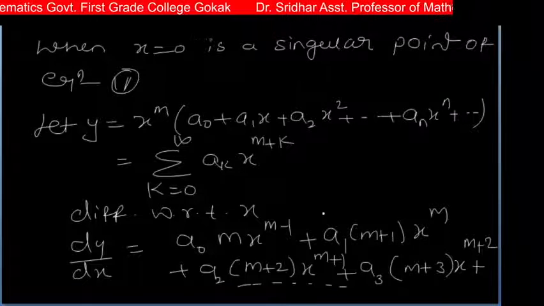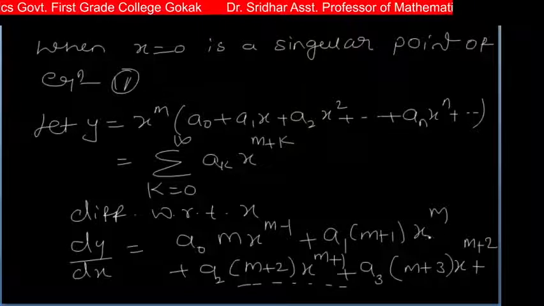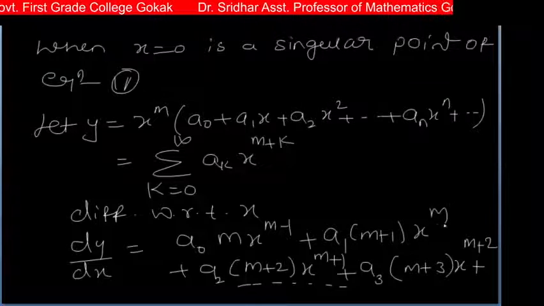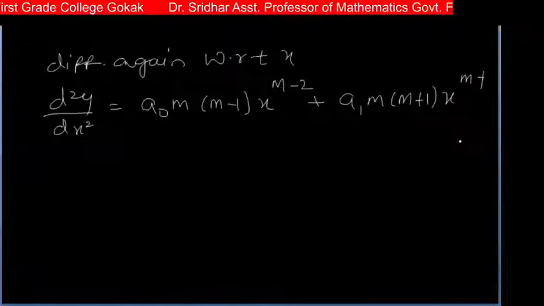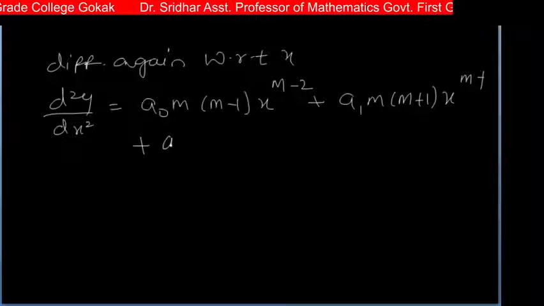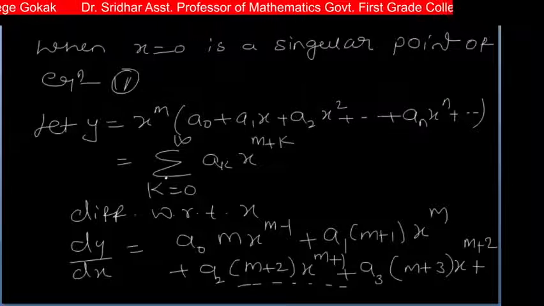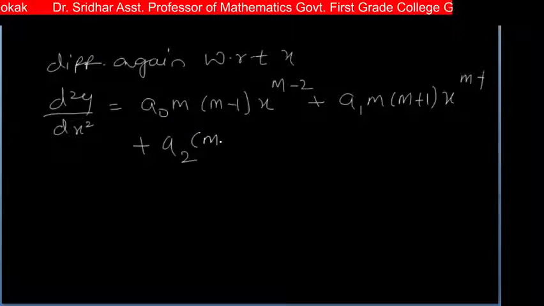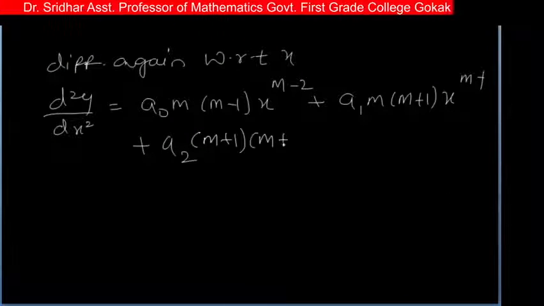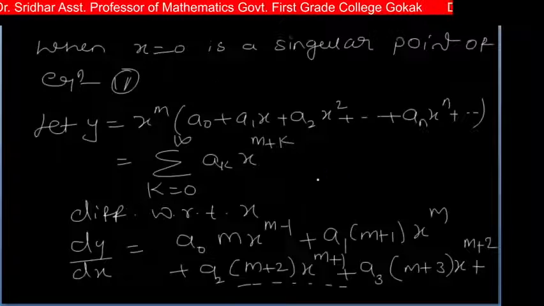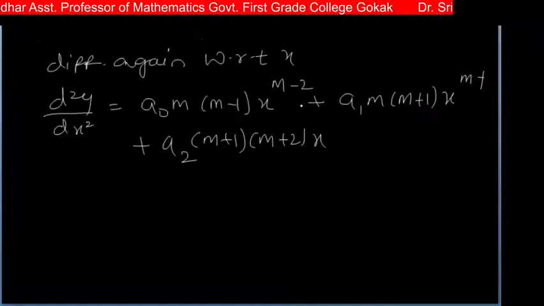Differentiation: this is constant, differentiation of this is m into x to the power m minus 1. Next plus a2 into m plus 1, m plus 2 into x to the power m.